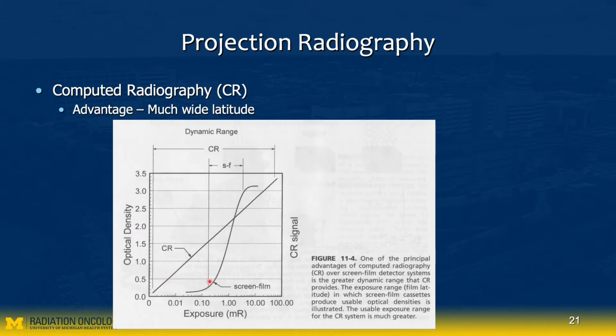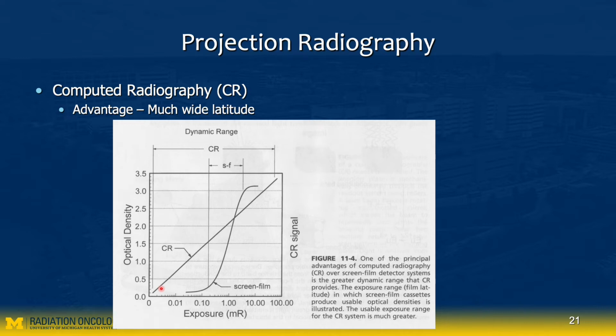Whereas a screen film has a narrow dynamic range, in other words, the window that you can use to create a good image, computed radiography has a very, very wide dynamic range, which is a significant advantage over the conventional film.